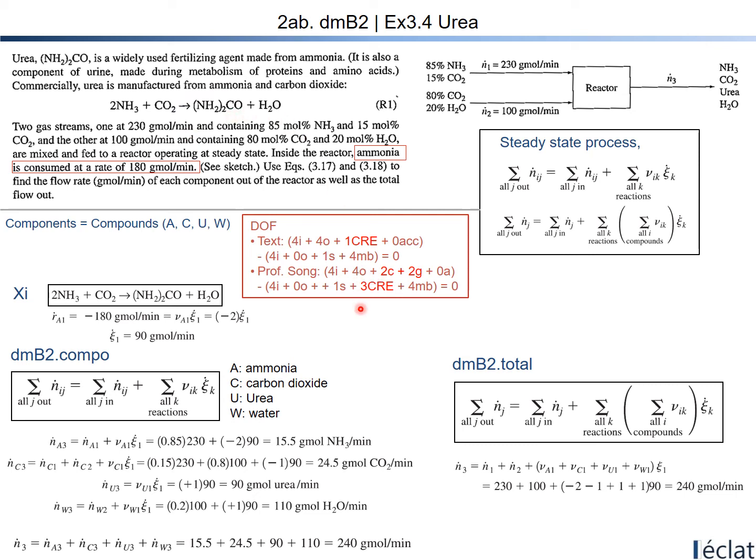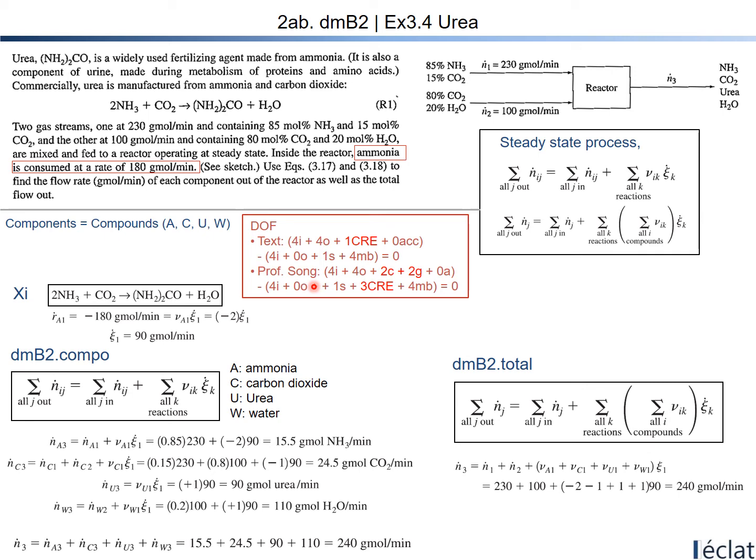So I can write down 3 stoichiometric coefficient or chemical reaction equation terms. So the total number of restricts is 4, 5, 8 and 12. So 12 minus 12 is going to 0. Of course, you should have the same value of degree of freedom from the textbook method and also Professor Song's method.